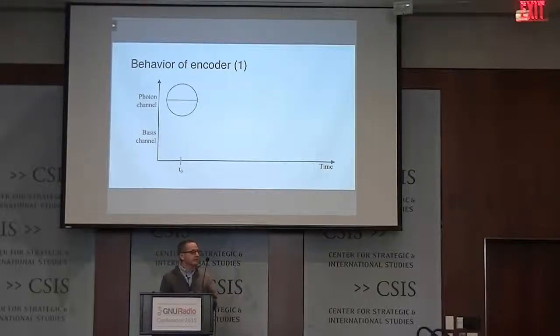The encoder randomly generates bits, bit by bit. I'm going to do a simple example: I'm just sending 4 zeros. The first one is a 0 encoded with the horizontal polarity.